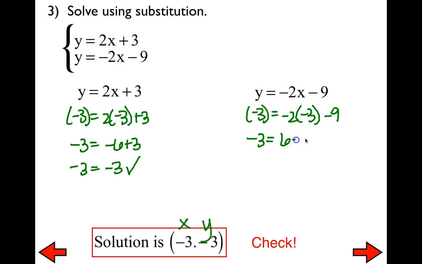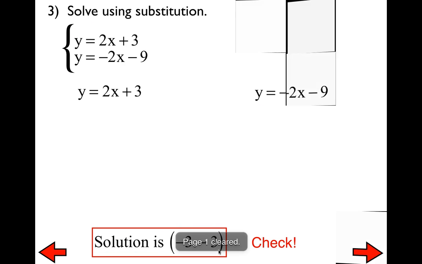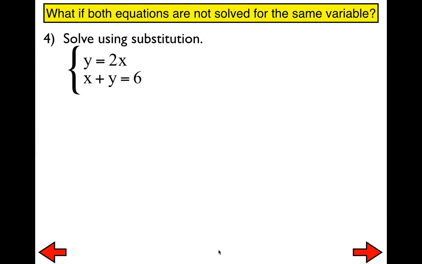Negative 3 equals 6 minus 9. Negative 3 equals negative 3. So since it works for both, I can confidently say the solution to this system is indeed (-3, -3).